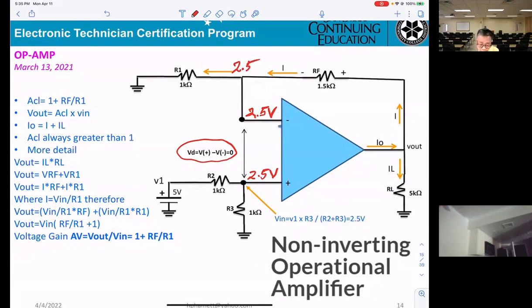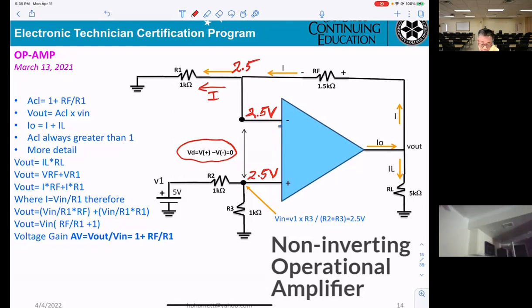2.5 volts, and with the ground, you can easily calculate the current I here. In order to get that current, I equals 2.5 divided by 1K. Okay? Let's see in here.